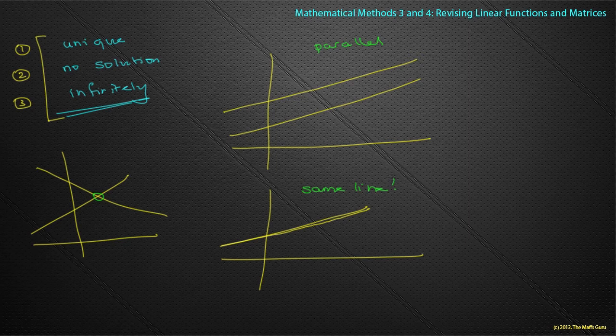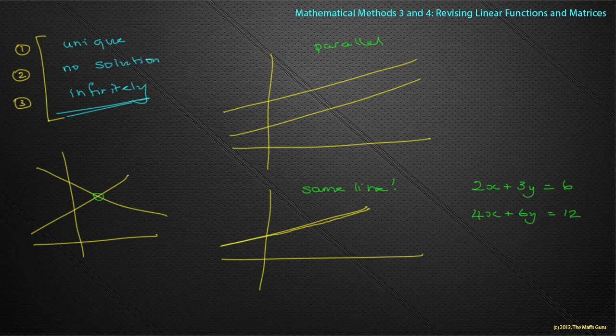Well, it is. Now let's go back for a second, because simultaneous equations are written in a different way. If I wrote down 2x plus 3y is equal to 6, and I wrote down 4x plus 6y is equal to 12, what do I notice?